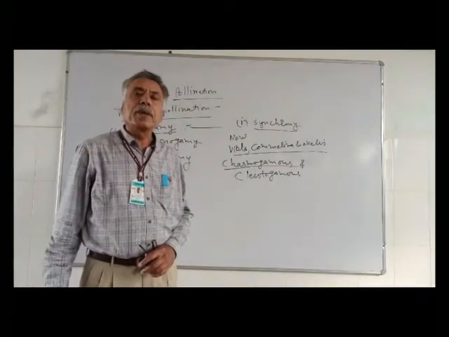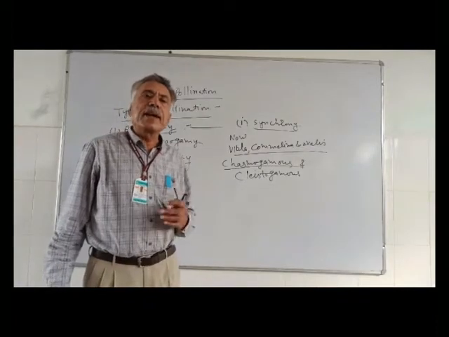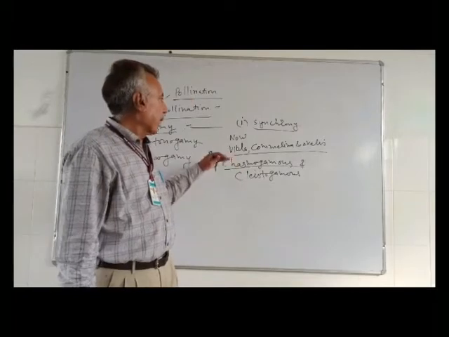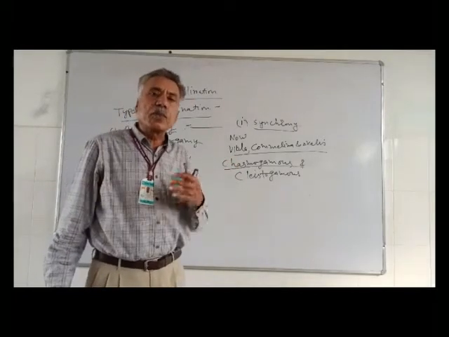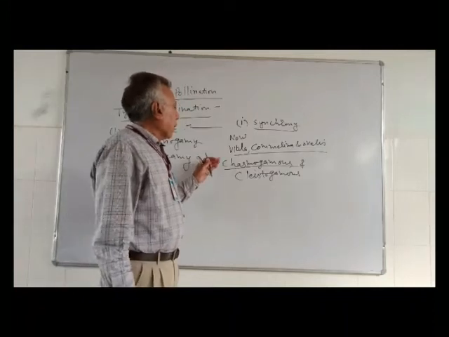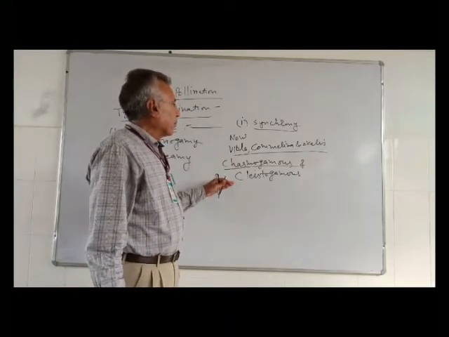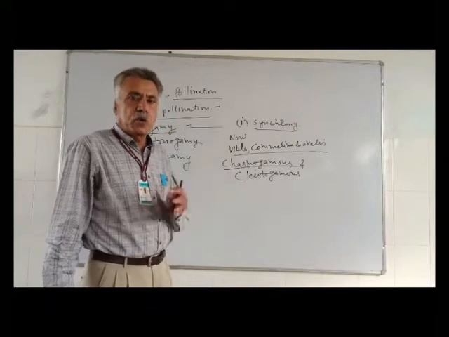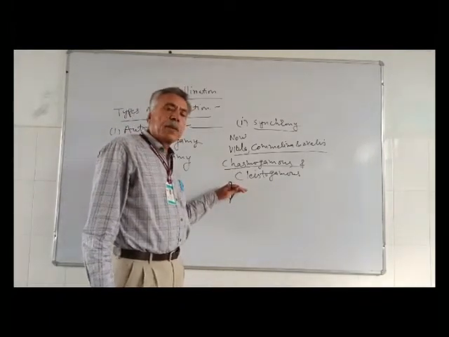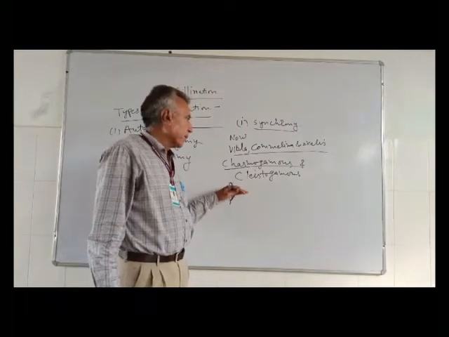Chasmogamous flowers are open. In these flowers, anthers and stigma are exposed, and these flowers are like the flowers of the other species of angiospermic plants. But in cleistogamous flowers, the flowers are closed. It means these flowers never open.